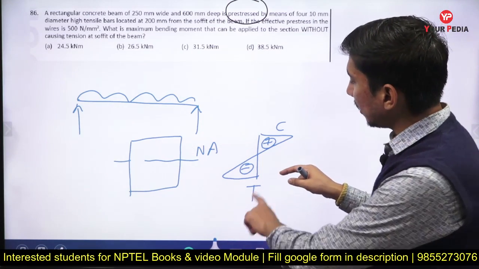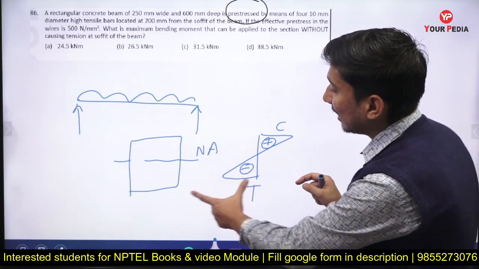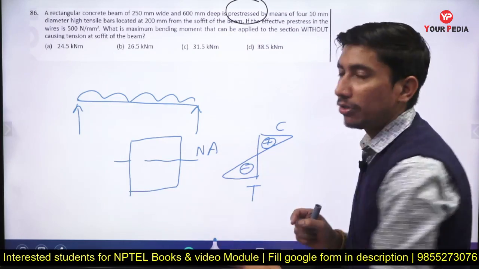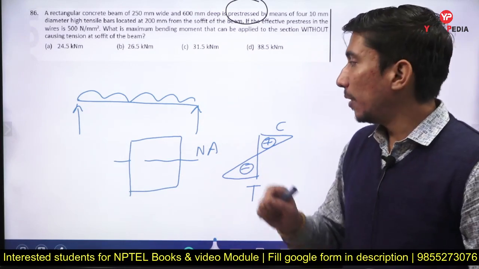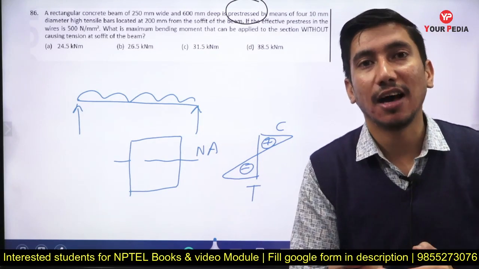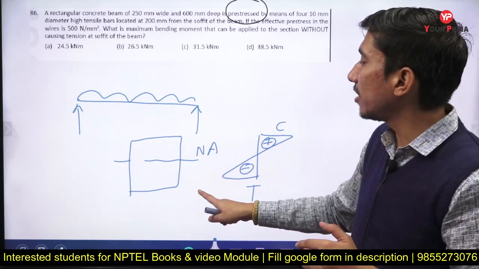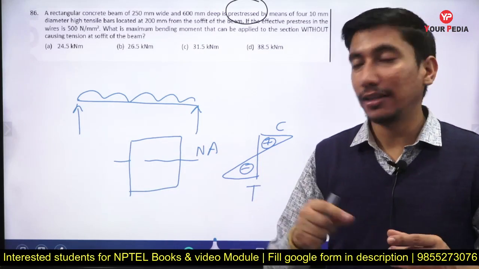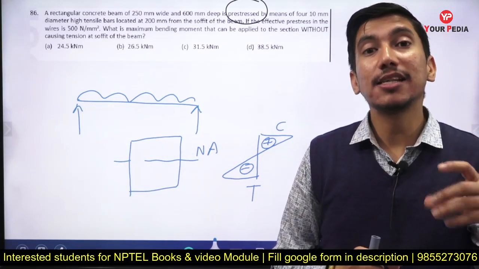So if you can see, the maximum tension will come at the extreme fiber below the neutral axis, at the soffit of the beam. But what is happening here? Here we are pre-stressing our concrete so that no tension comes at the soffit of the beam. But there is a limit.